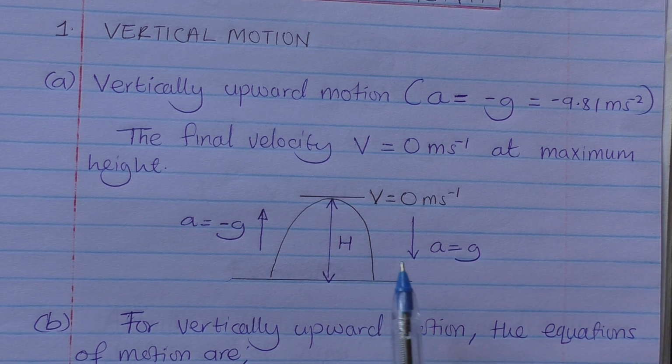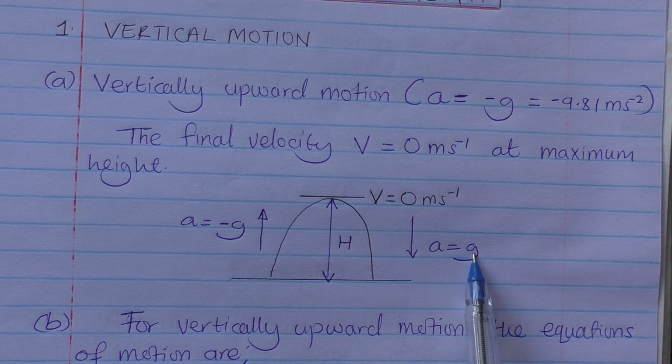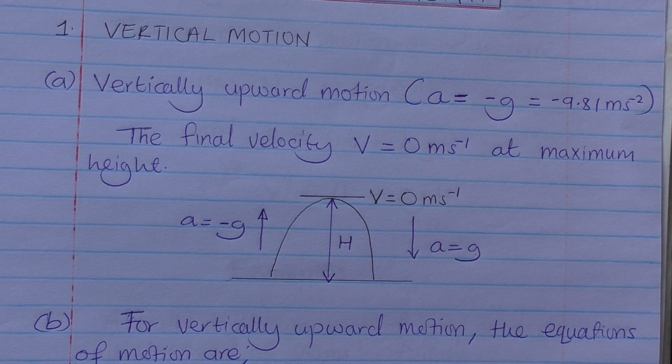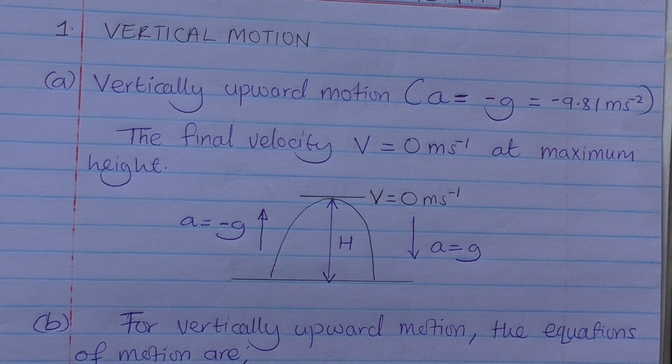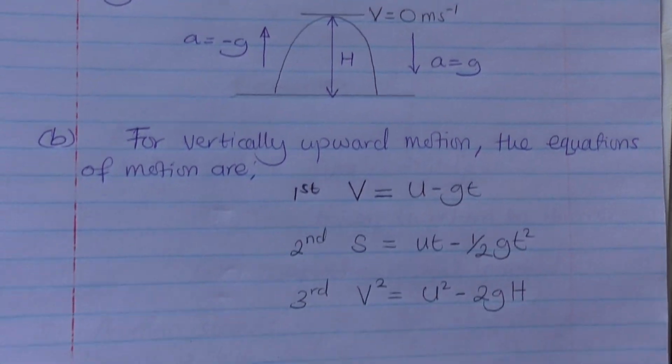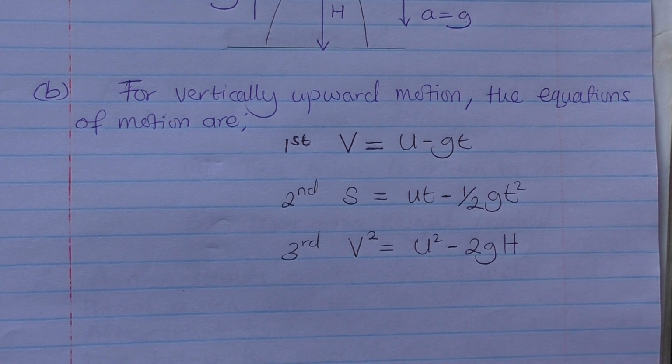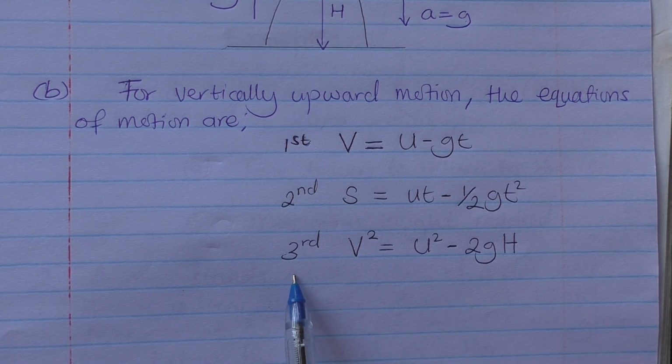And during the come back, it's when we have the acceleration as positive g, and it's what we call vertical downward motion.